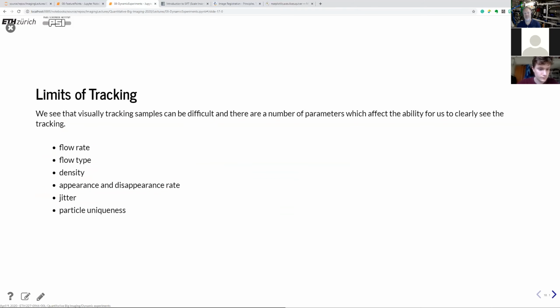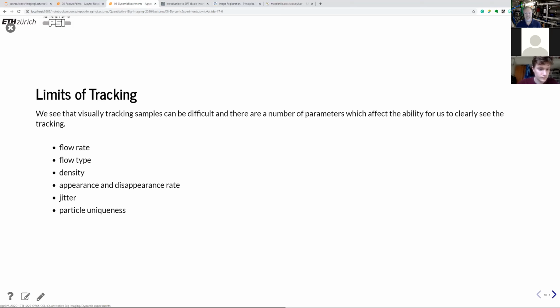So we have a couple of different limitations on how to track. We have different flow rates, we have flow types, density of things, also how often things appear and disappear. Could be cells dividing into new cells, and you want to track them, or something else is splitting or merging. So tracking this can be tricky, and you have to have an algorithm that is able to cope with it.